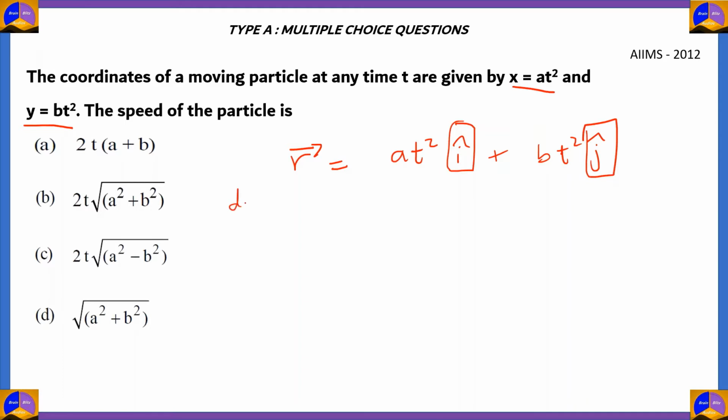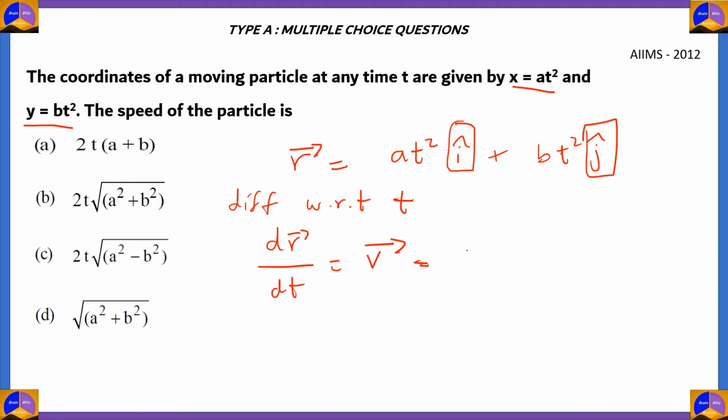Now what we do is we differentiate with respect to t. When we differentiate this vector with respect to t, that is d r bar by dt, it gives you the value of the velocity vector v.